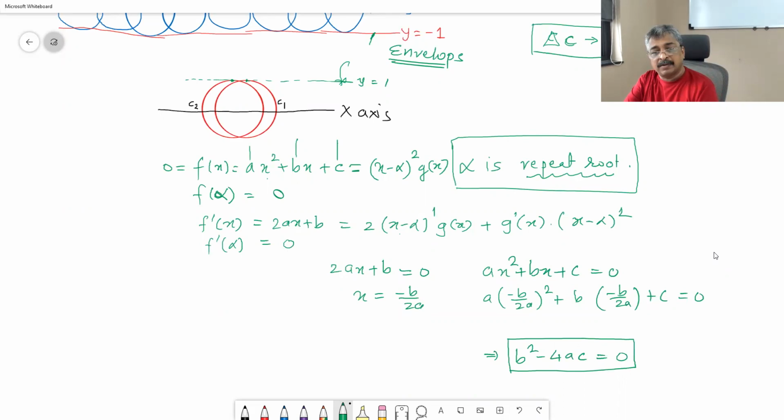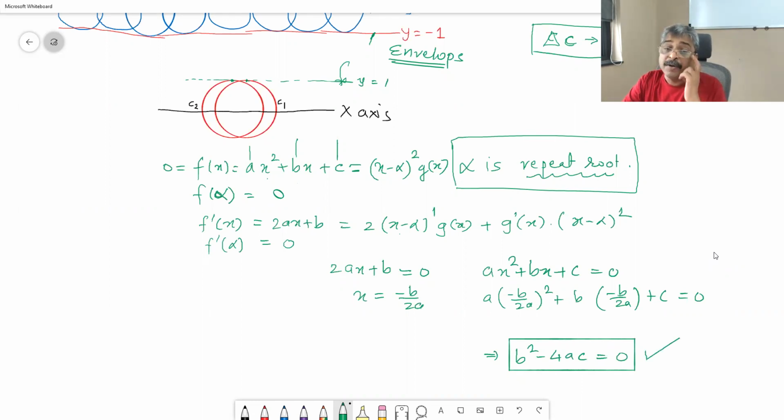Cross check: 2a square is 4a square. If you make the denominator 4a, and throw it to the RHS, you multiply c by 4a, and you have b square minus 4ac. Are you getting this discriminant?